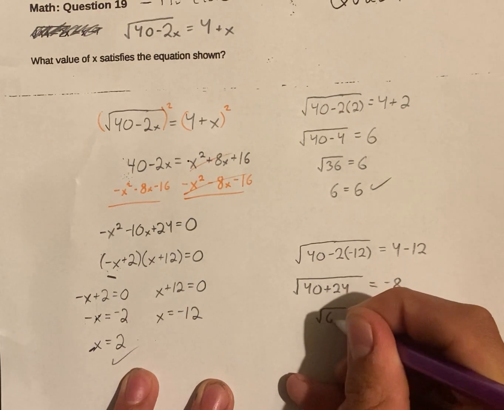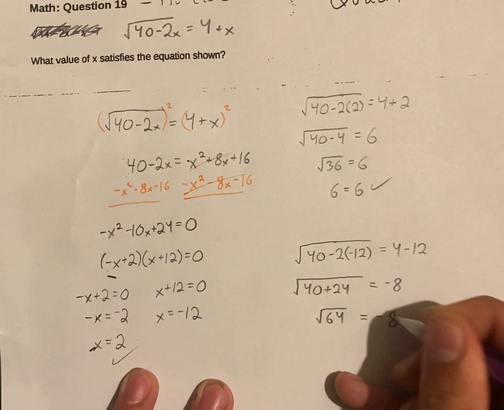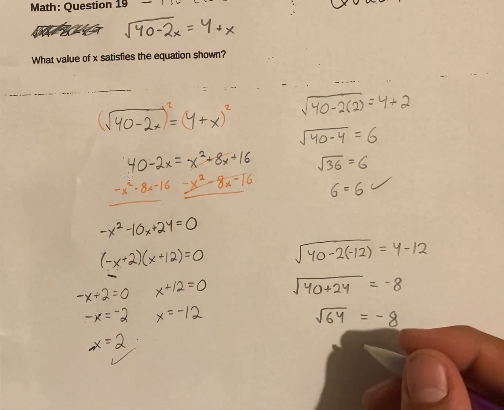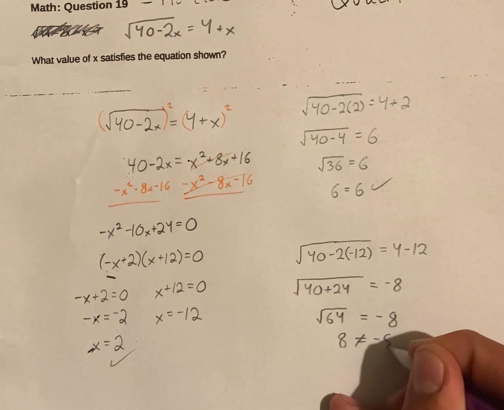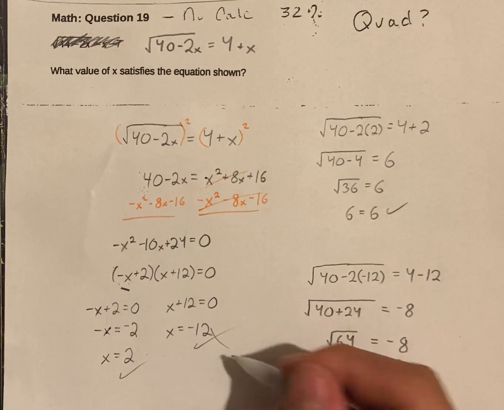This right here would be equal to 64 equals negative 8, and 64, the square root of that is 8. And 8 cannot equal negative 8, meaning that negative 12 is not the right answer.